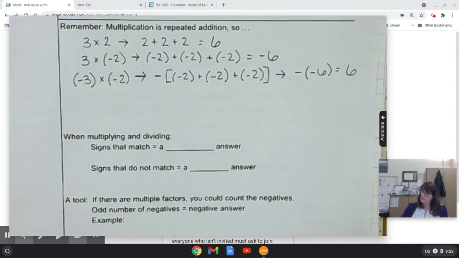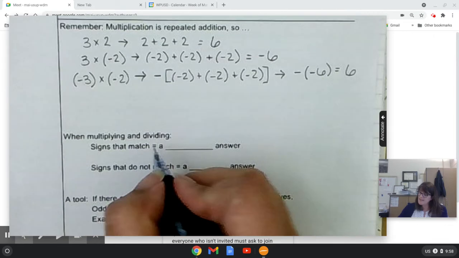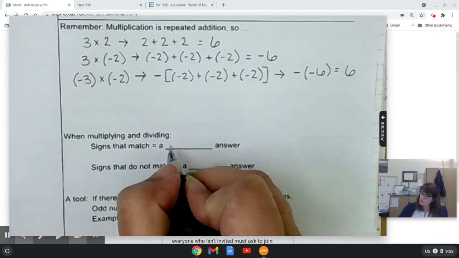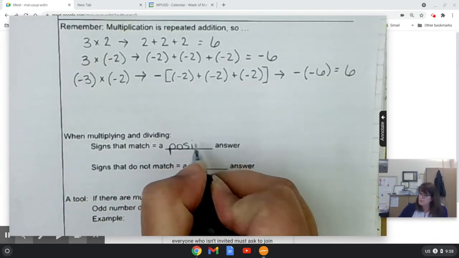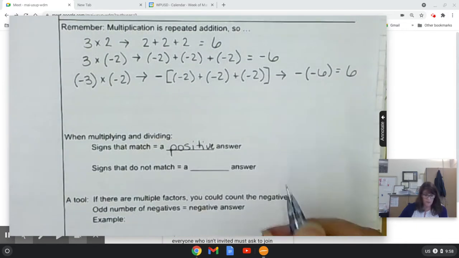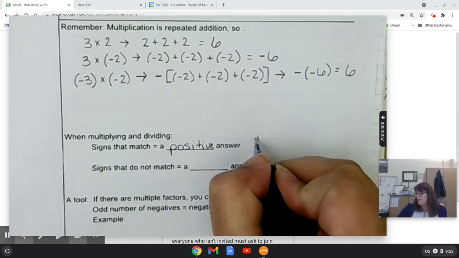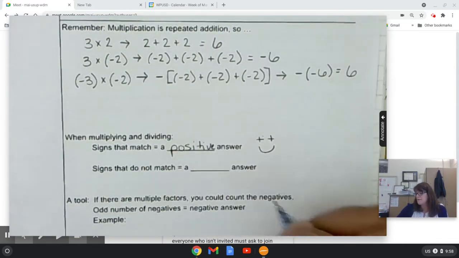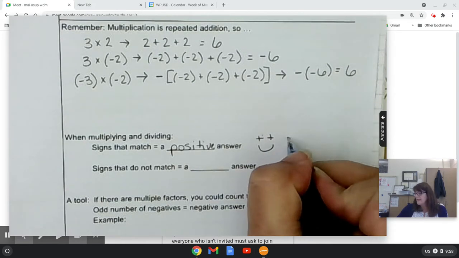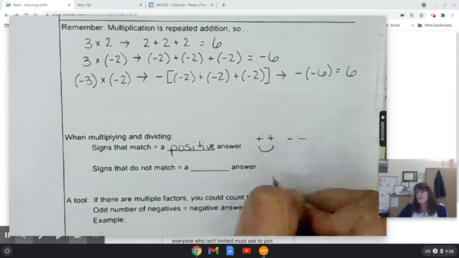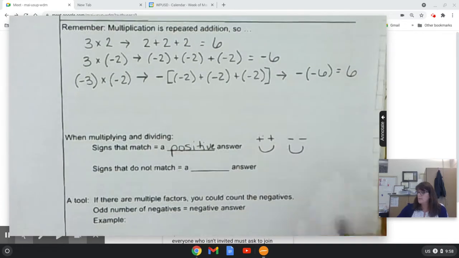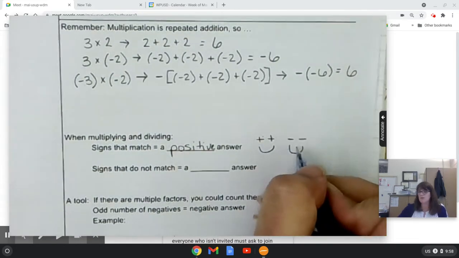Okay? When you have signs that match, you have a positive answer. So, if I multiply a positive times a positive, positive answer. If I multiply a negative times a negative, positive answer. See, I'm smiling so much my eyes are squeezed shut.